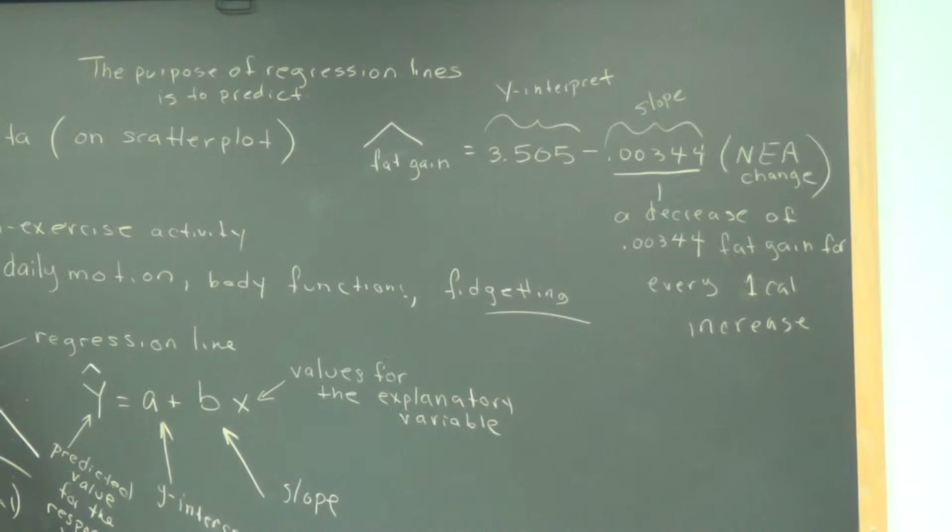So let's take, for example, when non-exercise activity is 400. We don't have a dot for that. It wasn't in the chart. So we can use the regression line to predict the amount of fat gain if your non-exercise activity calories was 400. So what was the fat gain at that point?